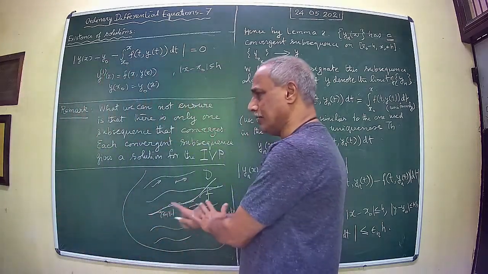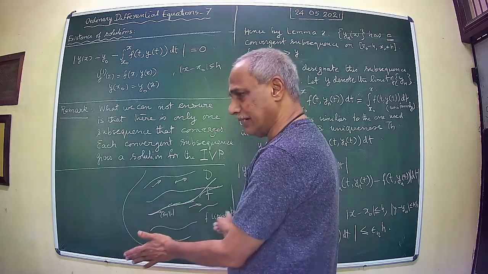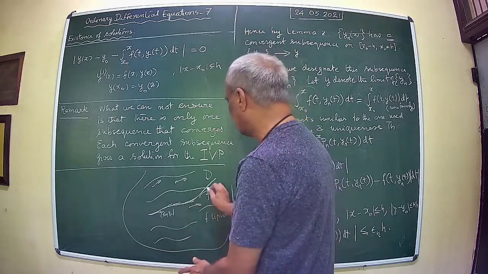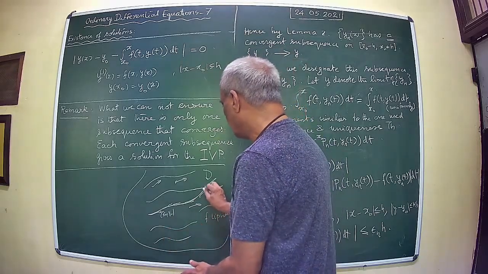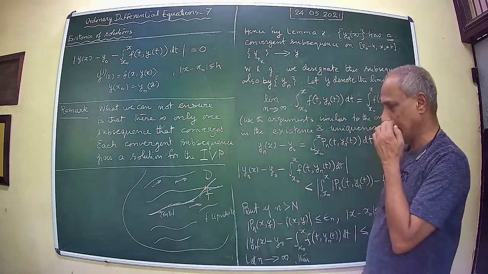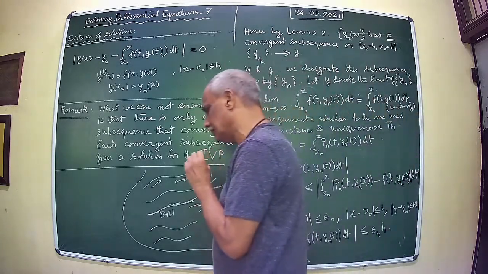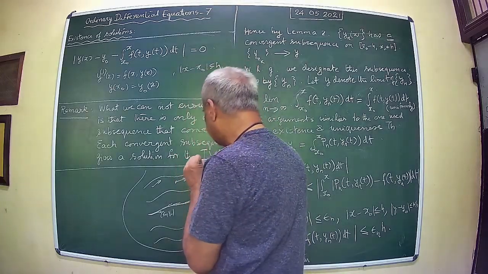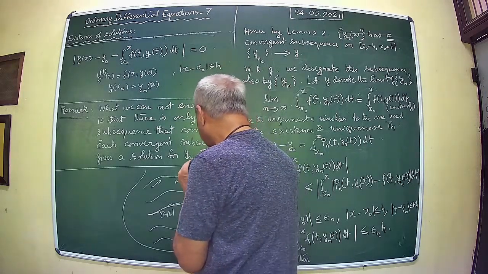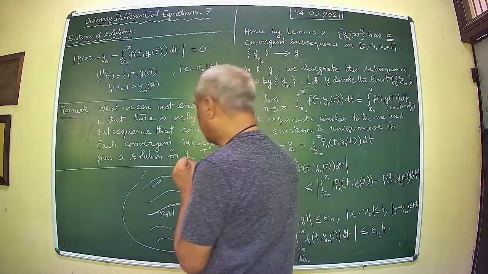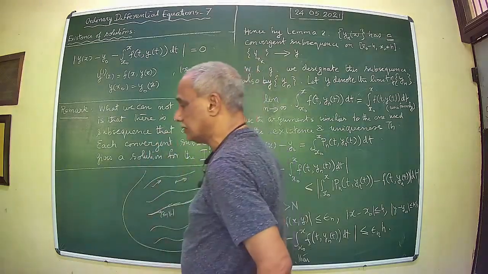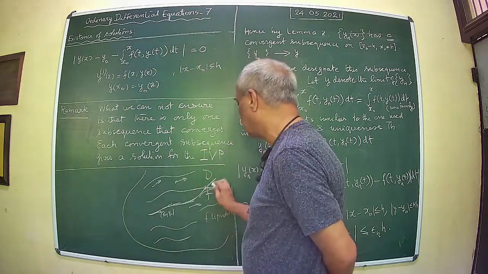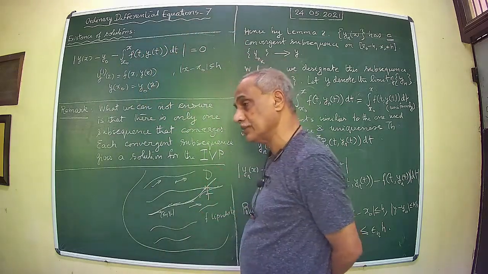But before that, we will have to talk about the maximal interval on which the solution is defined. I postpone that, but still let me tell you what happens. If you take this point of intersection as initial data, then in some neighborhood of the corresponding x0 there are two solutions for the initial value problem, which is ruled out once F is assumed to be Lipschitz in the neighborhood of that.